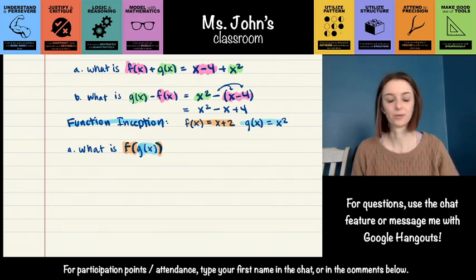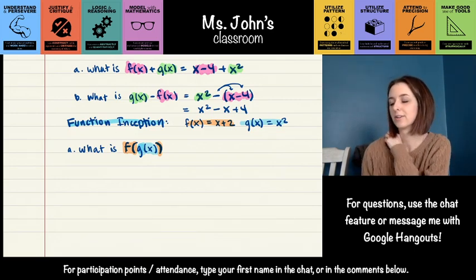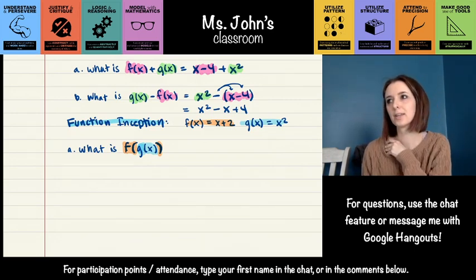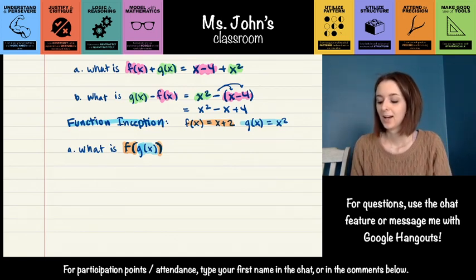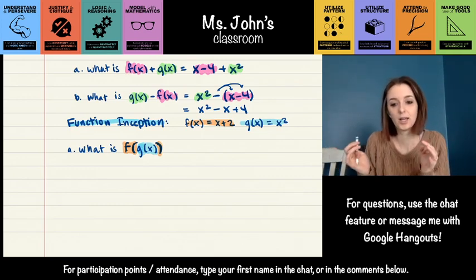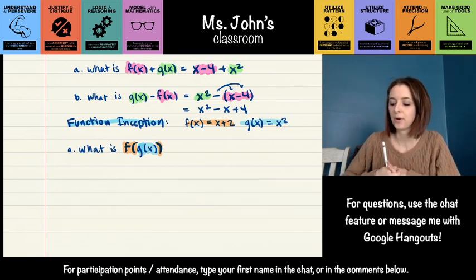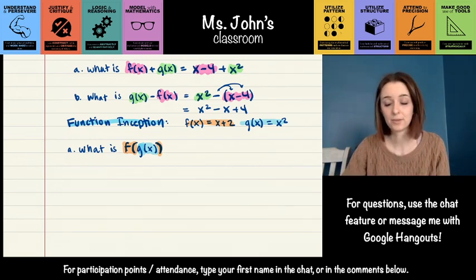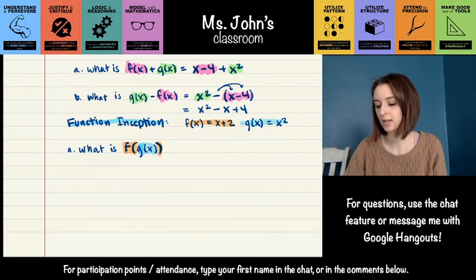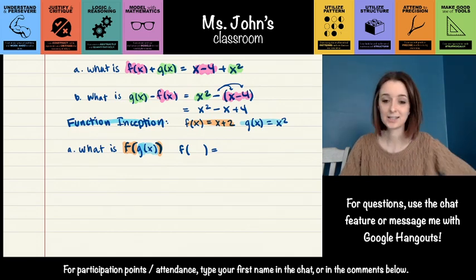This is probably the one that gets everybody, honestly, because it's hard to think of putting a function inside of another function, especially when they have the same variables. It's confusing, so I get it. But just notice that the outside portion is just f of something, and the inside there is just the function g of x. So when we have f of something, we're plugging in whatever that is to the function. And in this case, it's x plus 2.